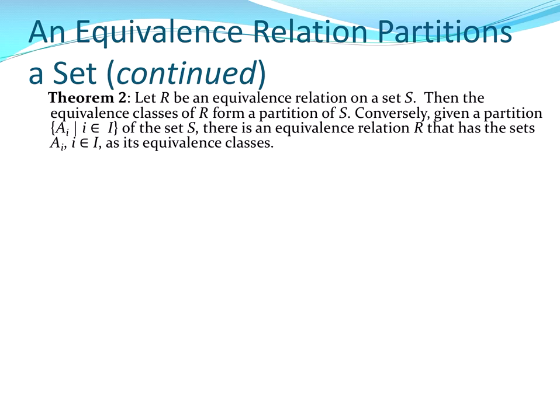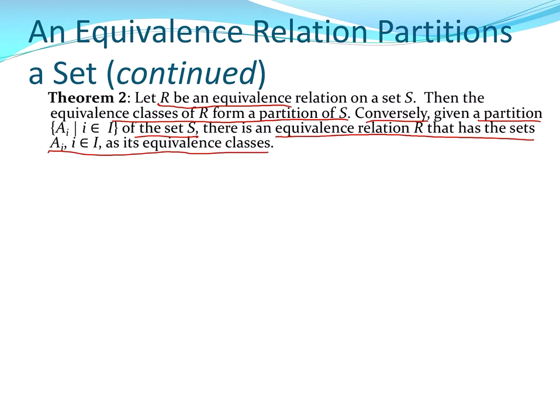All right, so theorem 2 actually extends this. R is an equivalence relation on S. Given that, the equivalence classes of R form a partition of S, and conversely, given a partition of the set S, there's an equivalence relation that has that partition as its equivalence classes.